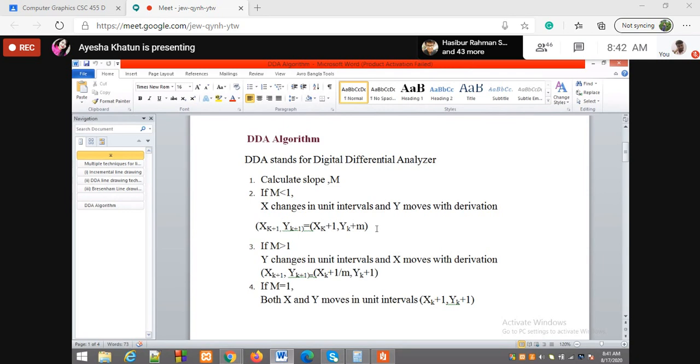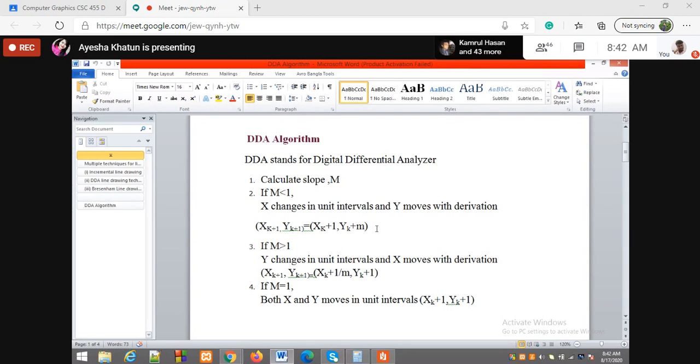Ma'am, I have a question. If m is less than 1, then for the yk plus 1 point, why do we add m to yk? Why did we not add 1? See, that is the algorithm.